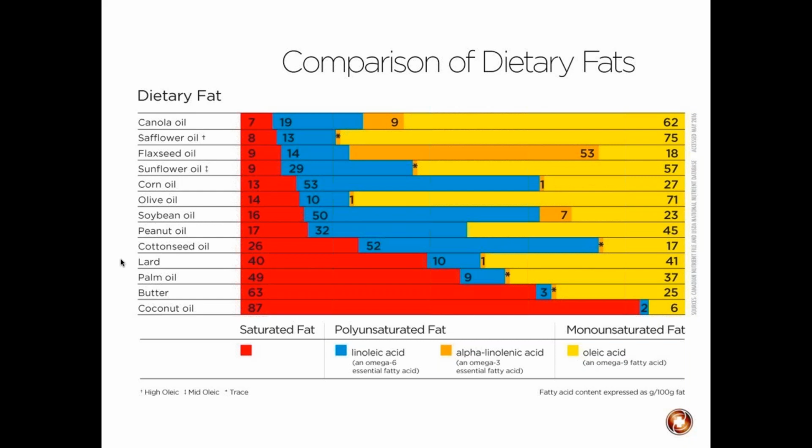So if we are focusing on more saturated and mono fats, looking at the yellow and reds is an easy visual, and then comparing it to the amount of blue, which represents the omega-6 quantity, can be really helpful. Just as a reference, this chart is available pretty readily online. Most of you have probably seen it at some point. It's from the Canadian Nutrient File and the USDA National Nutrient Database, if you're looking for it.